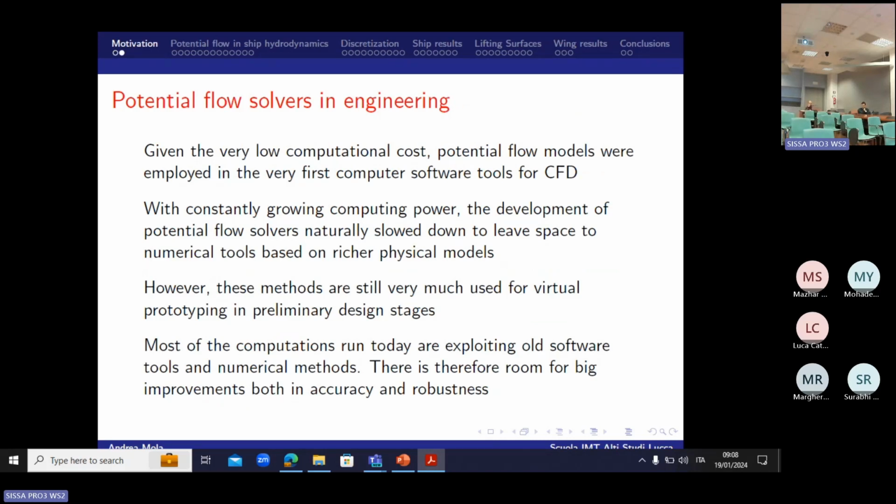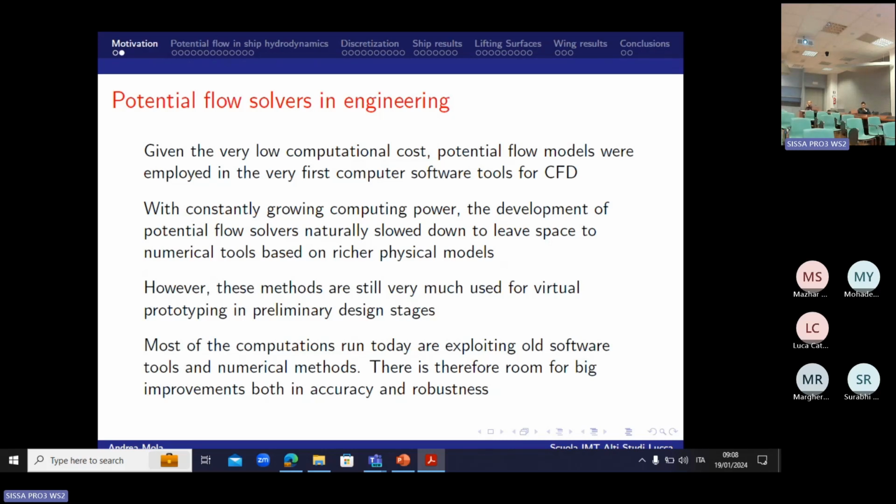Of course, potential flow is based on very, very impactful simplifying assumptions. So it's a very crude model. But given the very low computational cost, potential flow models were employed in the very first software tools for computational fluid dynamics.